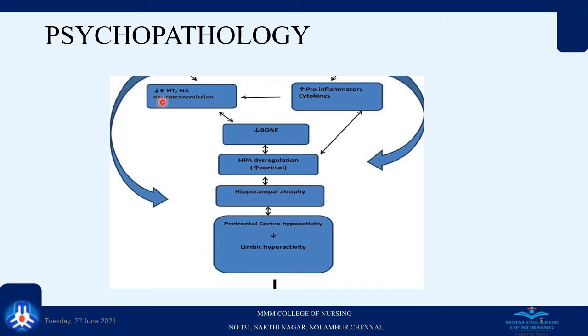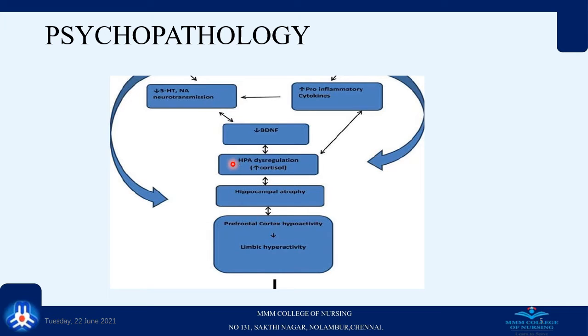When there is acute or chronic stress, there is a defect in the serotonergic, noradrenergic, and dopaminergic function, and there is decreased BDNF, the brain-derived neurotrophic factor, the main function of which is to promote the development and stability of neuronal connection, and there is neurotransmission imbalance, there is increased cortisol level.